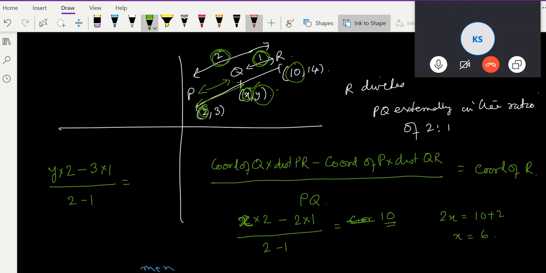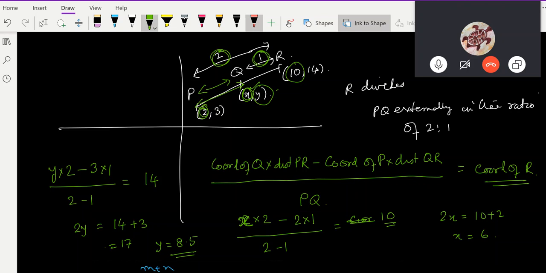We have to equate it with the coordinate of R, so that would equal 14. So 2y minus 3 is equal to 14. So y becomes 8.5, right?